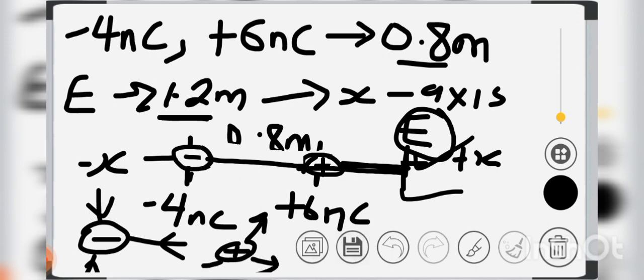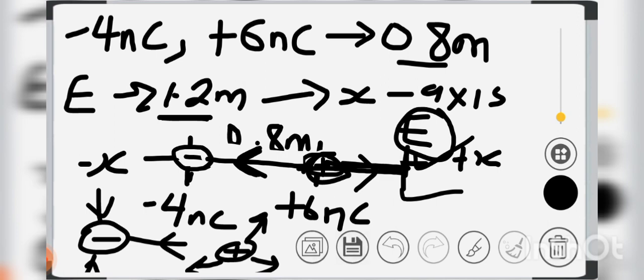So for a positive charge, the field lines will be leaving. Field lines will be leaving for this positive 6. For a negative charge, the field lines will be entering the negative charge. So that's how it is done.